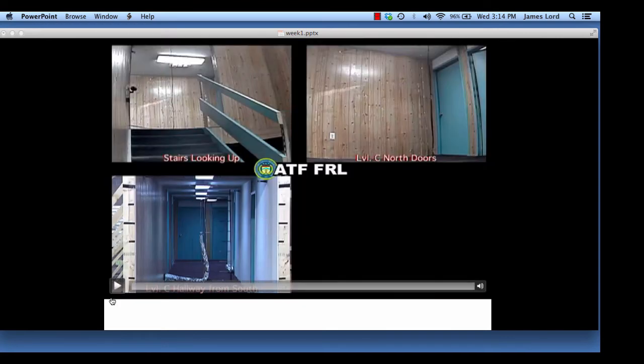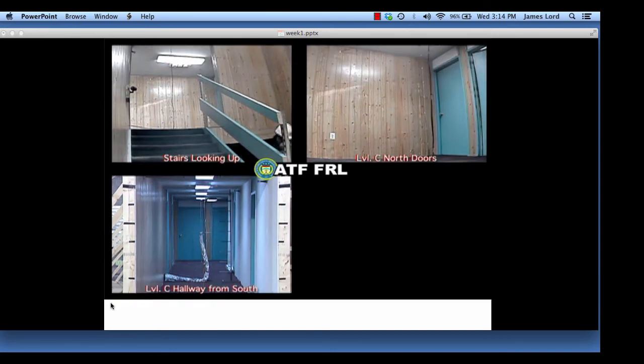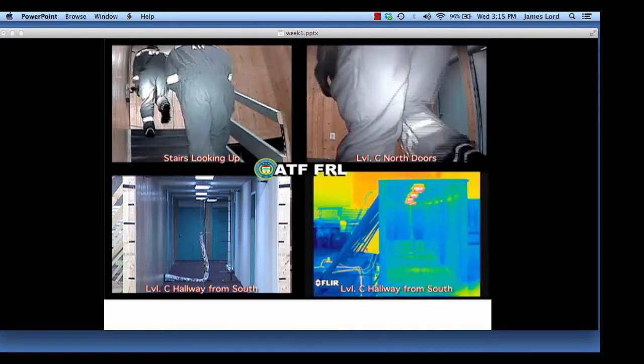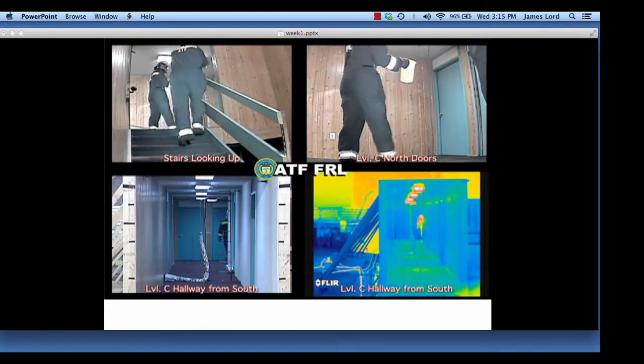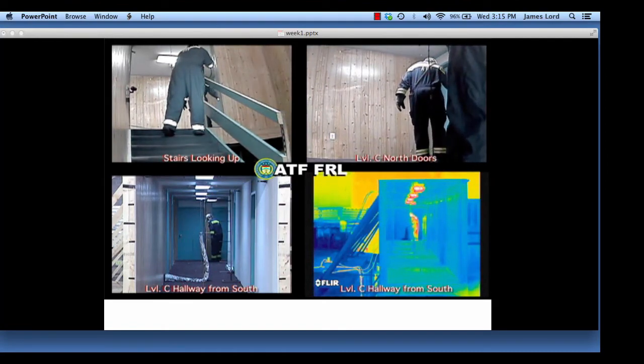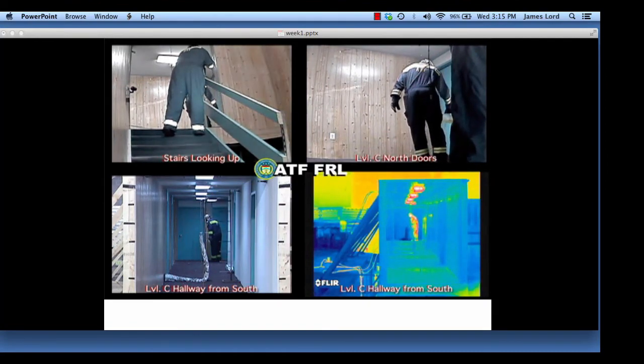So let's watch this. What we're going to see is the stairwell view in the upper left. In the upper right, you're going to see the unit door up on level C where we're pouring the gasoline now. I'm going to ignite that with a lighter coming in from behind the door.